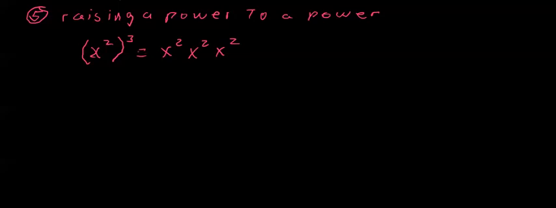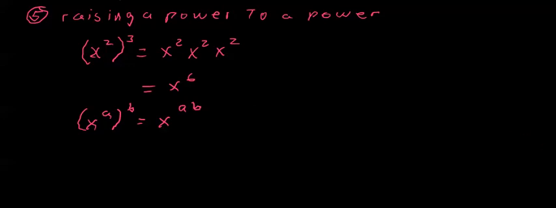Our very first rule said when we multiply like bases, we add the exponents, x to the sixth power. How do I get x to the sixth power? 2 times 3. So x to the a raised to the b power equals x to the ab.